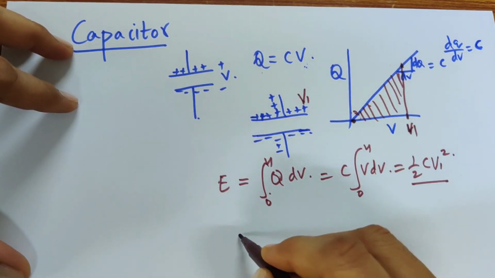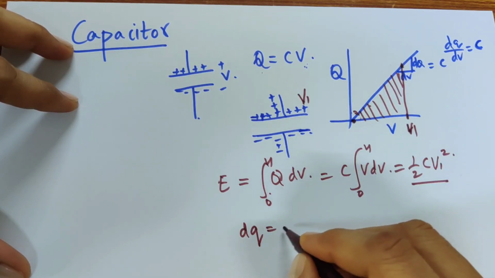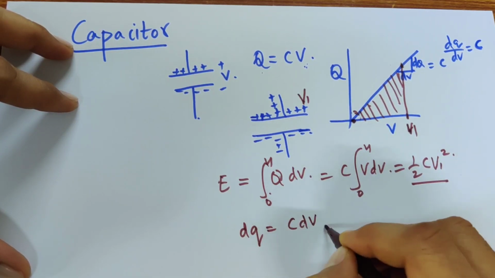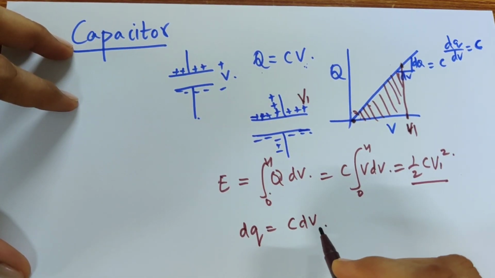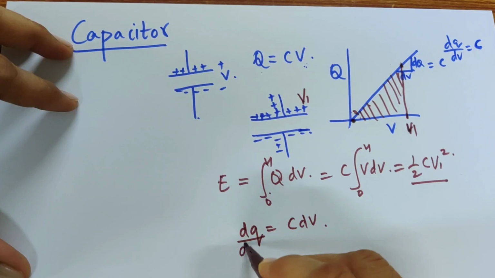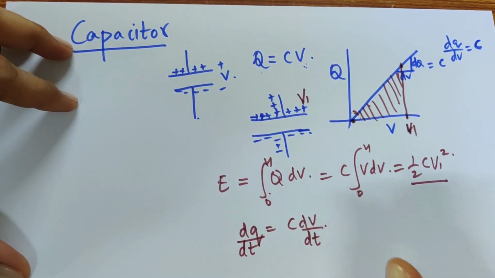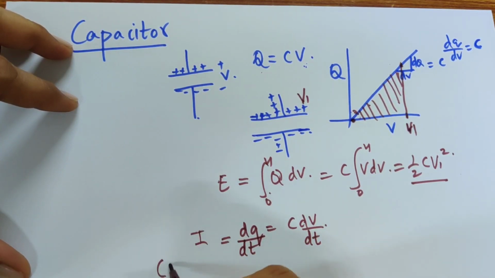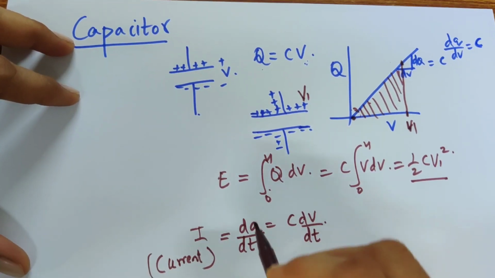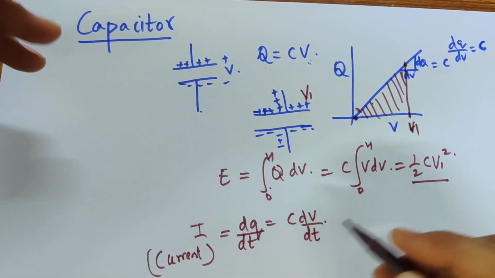Now the other part is of course dQ. A small change in charge is proportional to a small change in voltage. Which also means that if it happened in a small duration of time, then dQ by dt, which is current, that's your definition of current, the rate of change of charge, is basically C times dV by dt.